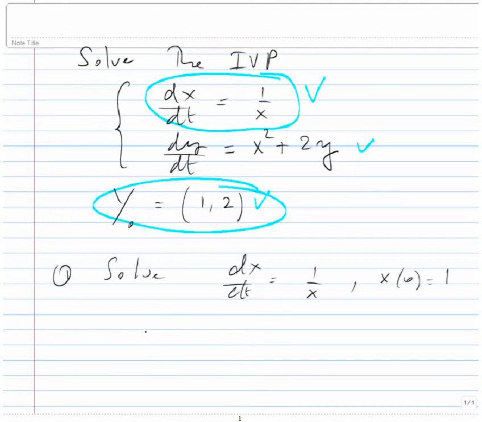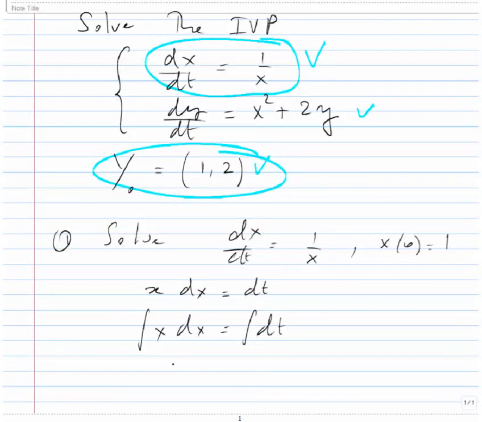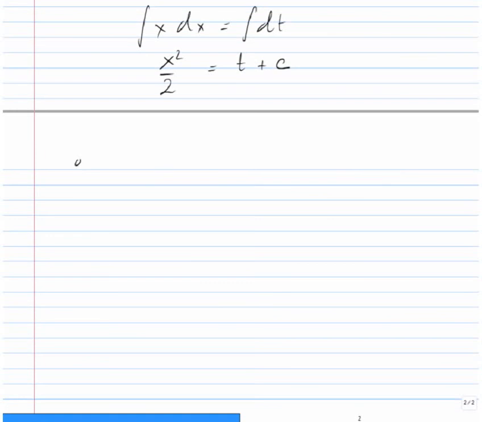For the non-constant solutions, we separate the variables and get x dx equals dt, and then we integrate: the integral of x dx equals the integral of dt. This gives x squared over 2 equals t plus c, or x squared equals 2t plus c.